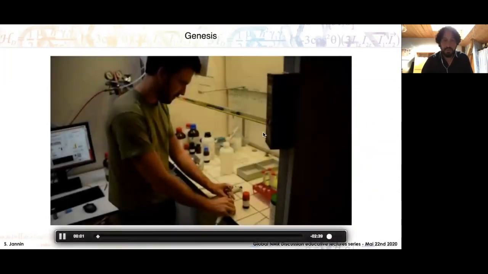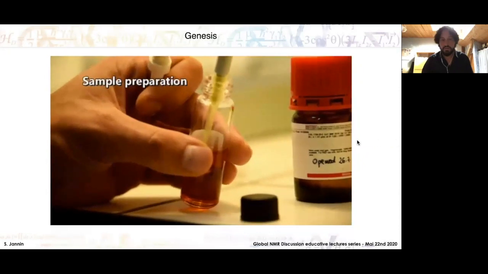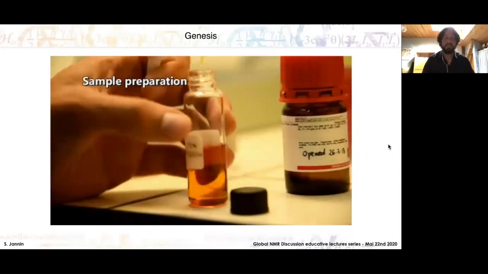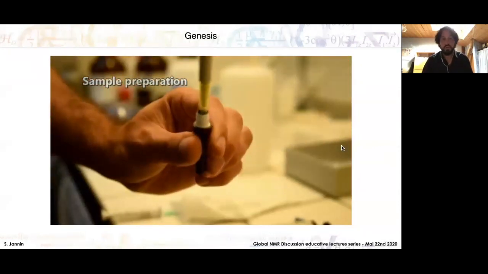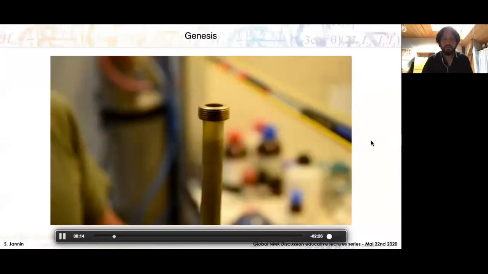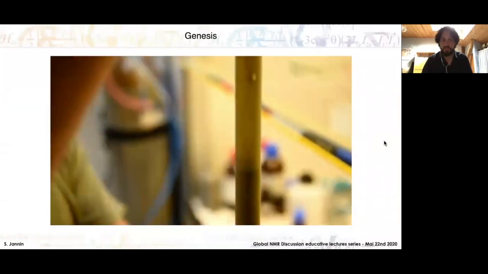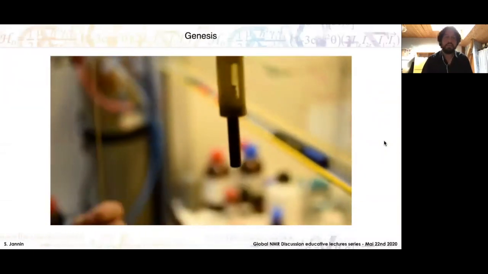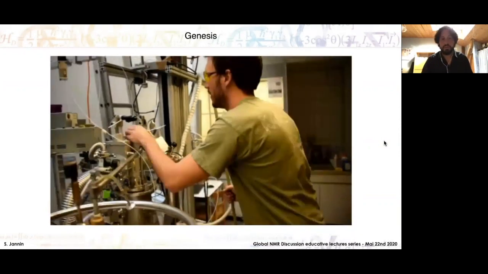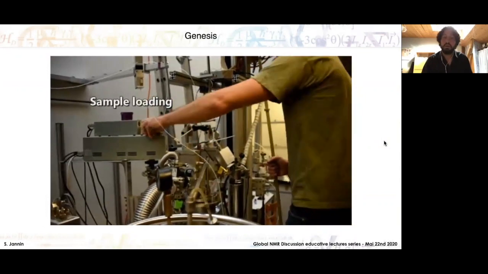Okay, so here's a video already shown in the past. This was at the time I was in Lausanne, so it just shows how you load your sample in your sample cup, and then you put your sample cup in a sample tube, which is a way to rapidly change the sample. And the sample is rapidly inserted in the liquid helium environment in the cryostat at around 4 Kelvin.